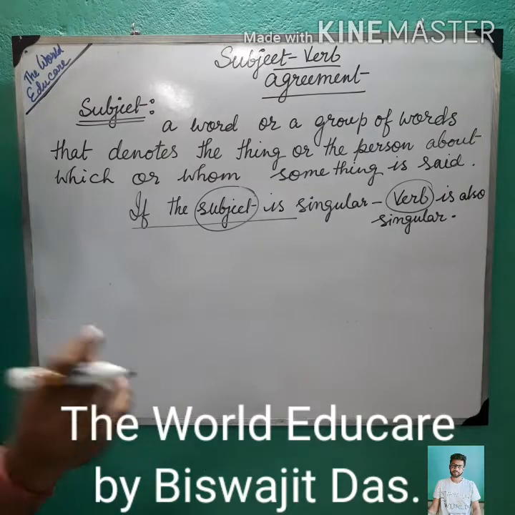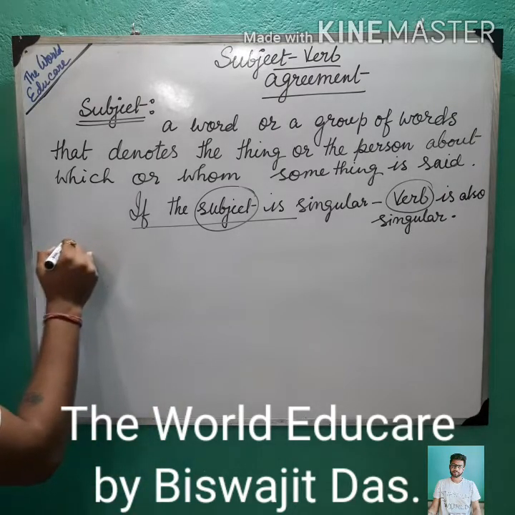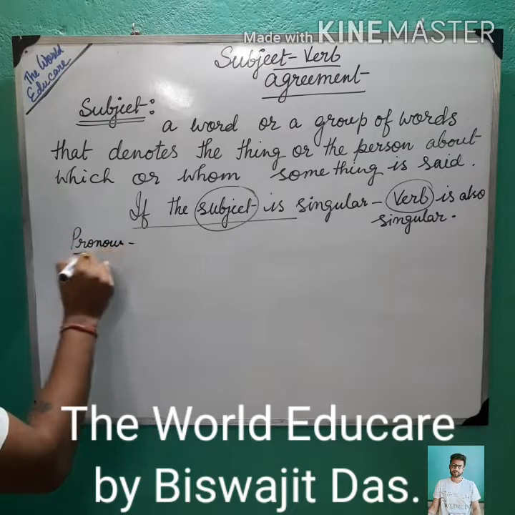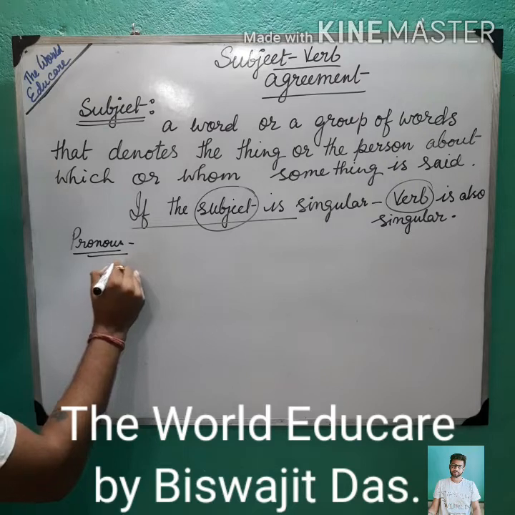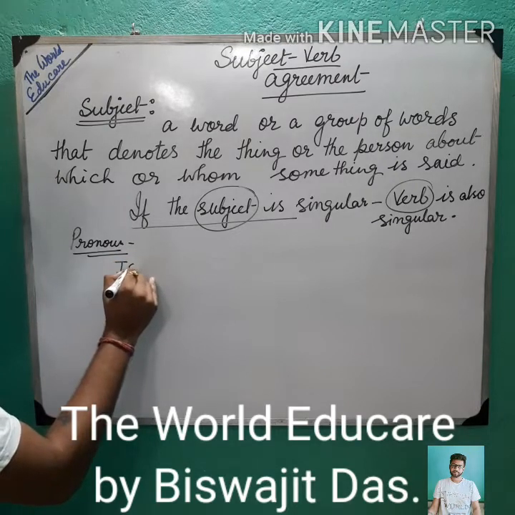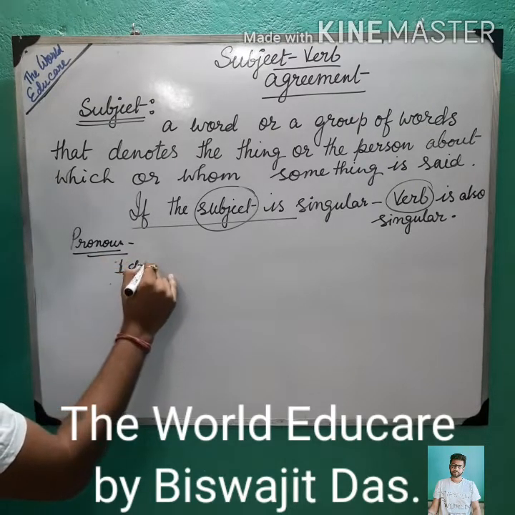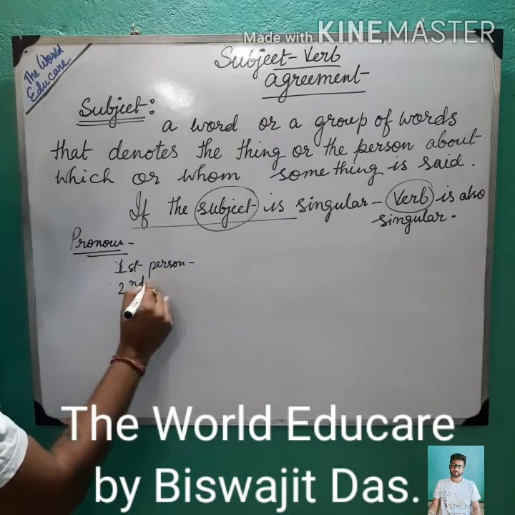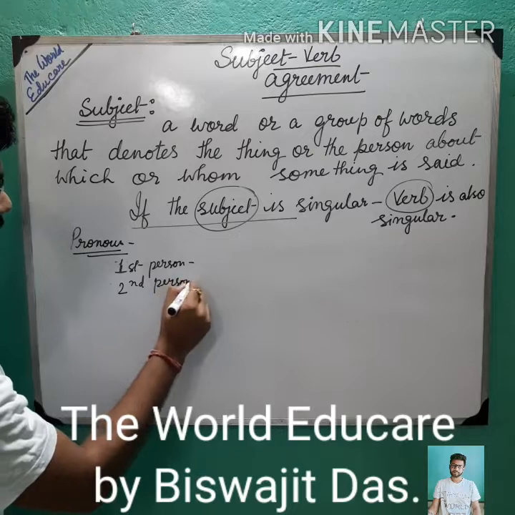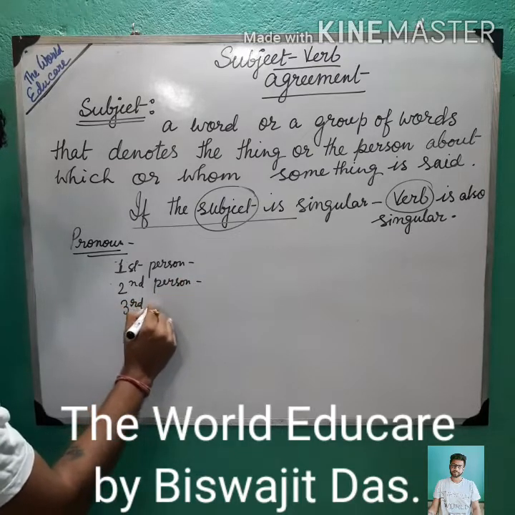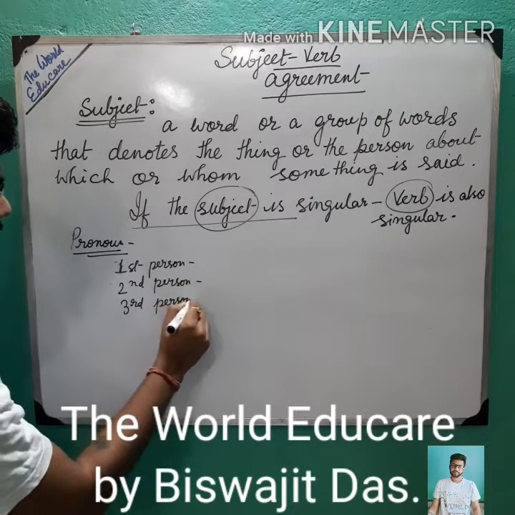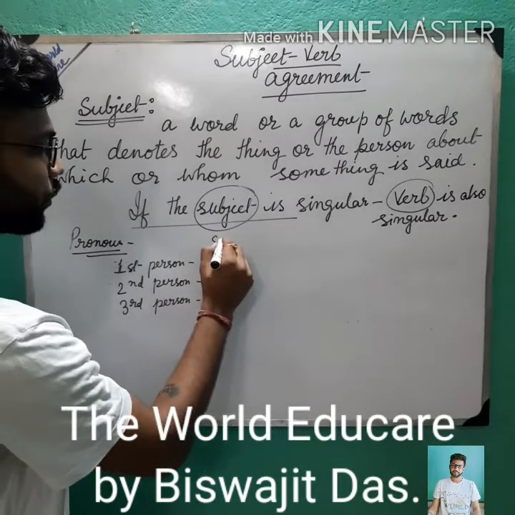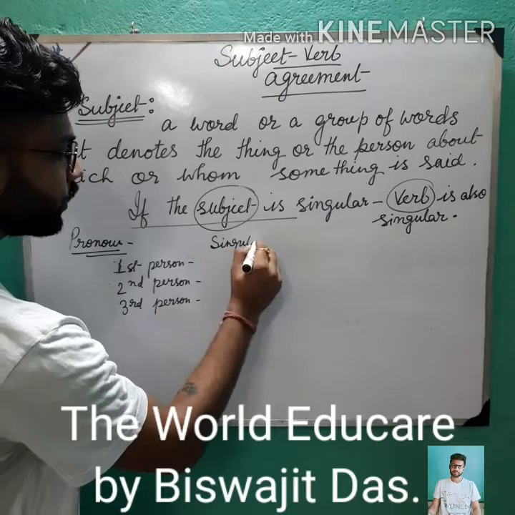For our understanding, I am giving you some example. If we go for pronoun, first person, second person and third person. In first person I am writing here singular and plural.